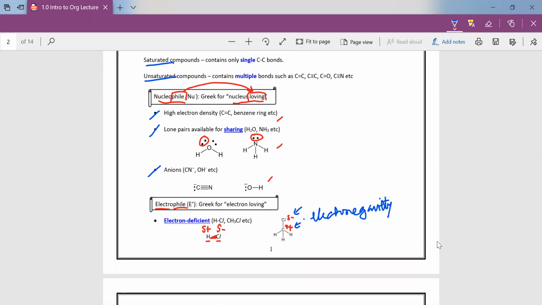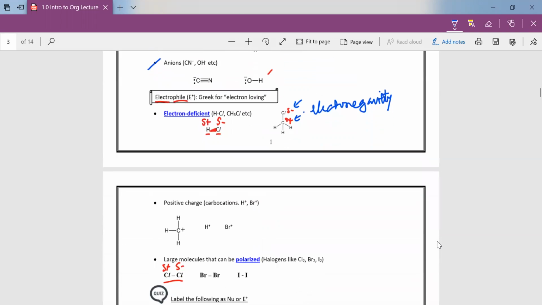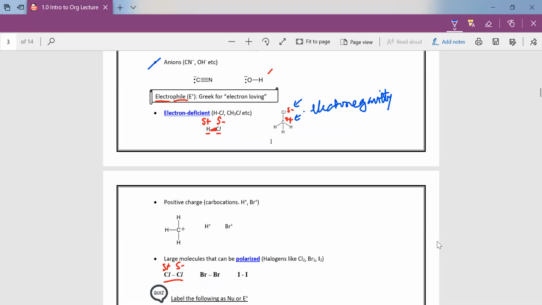Hopefully you haven't forgotten that. Things which are positively charged are also electron deficient, obviously. And then you also have large molecules which are polarizable, like your halogens. They are huge, so they can actually get polarized at any point in time. We should have learned this under your chem bonding.